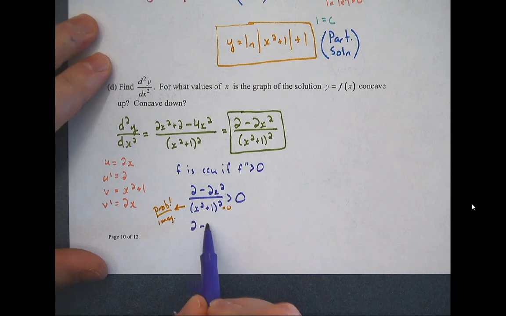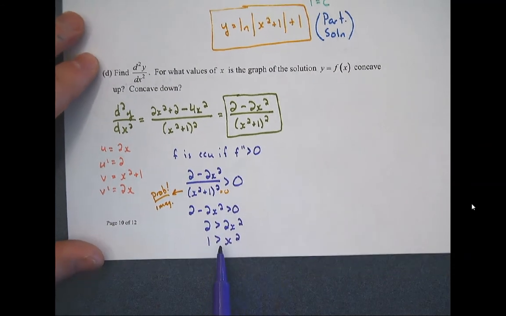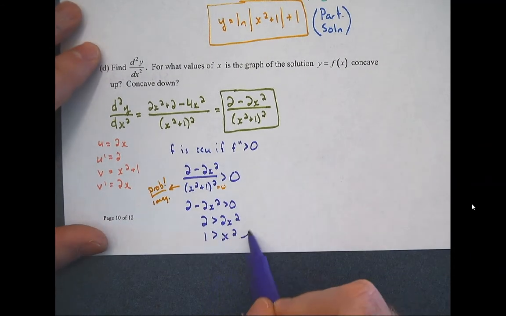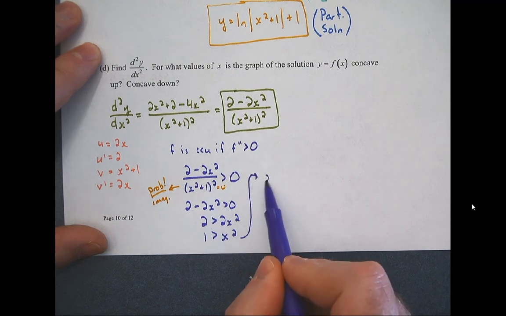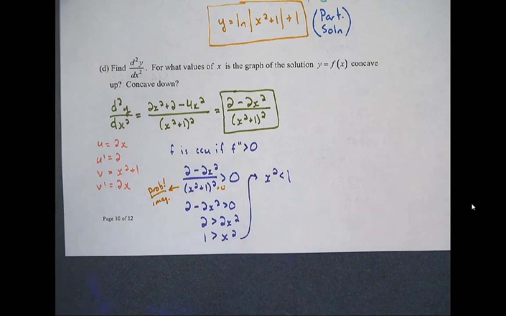So now I have 2 minus 2x squared is greater than 0. I'm going to move this one over. So 2 is greater than 2x squared, which means 1 is greater than x squared. And I hate when they're written like this, so my next move is to flip those around. So now x squared is less than 1. So I have to switch the inequality if I'm going to switch the whole statement around.